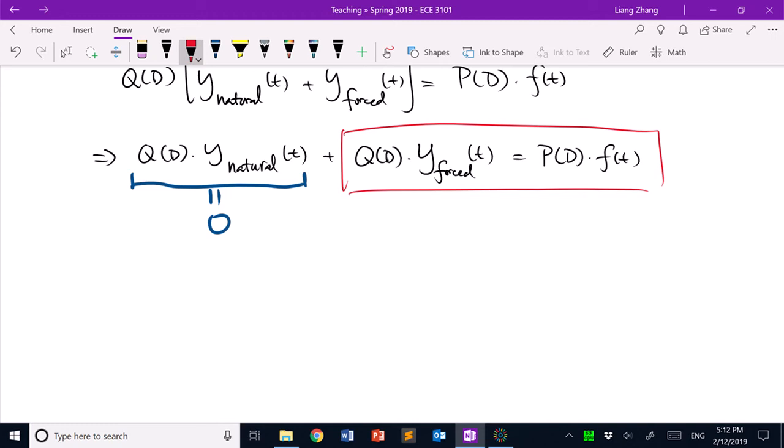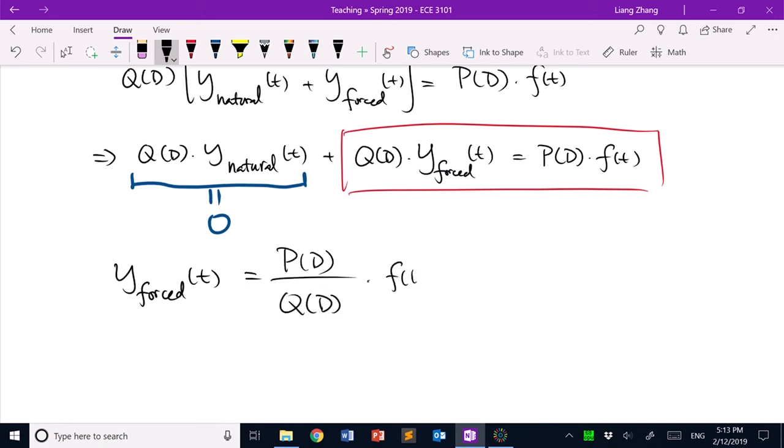Or we can even make this simpler, right? We can make this look like y forced of t is equal to P(D) over Q(D) times f.